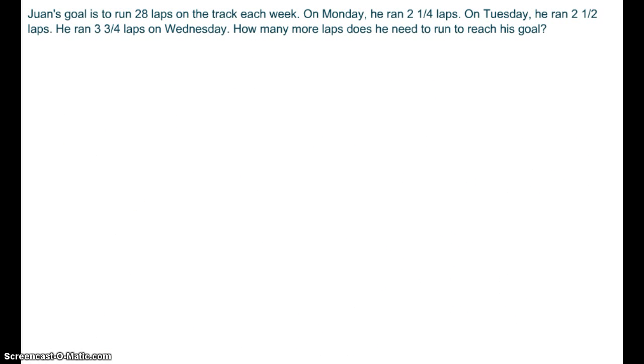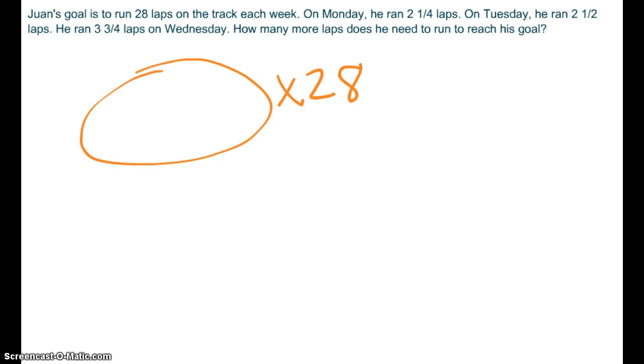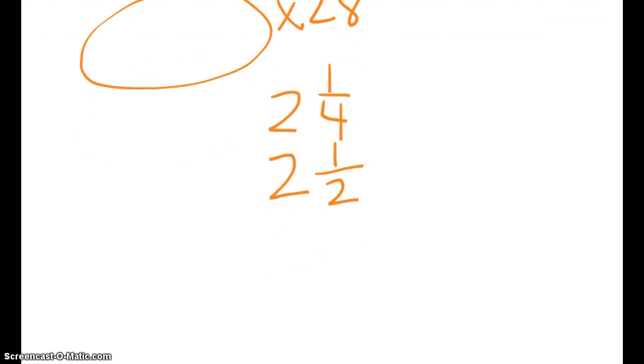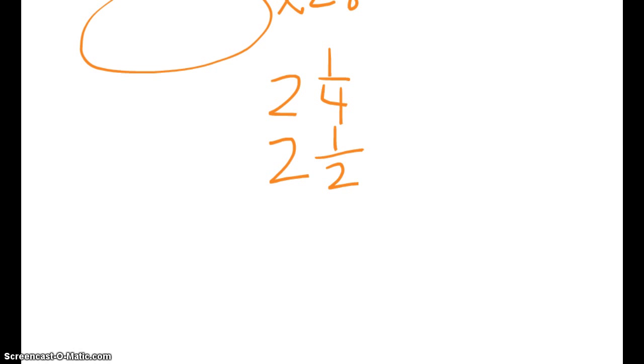All right, so in this next one, we know that Juan is going to go around the track 28 times, 28 laps. On Monday, he ran 2 1/4 laps. On Tuesday, he ran 2 1/2. And then on Wednesday, he ran 3 3/4.